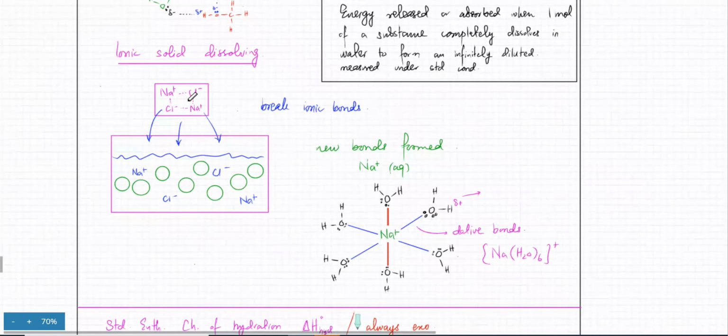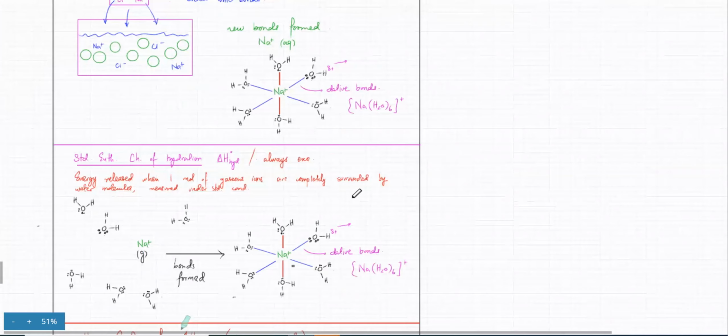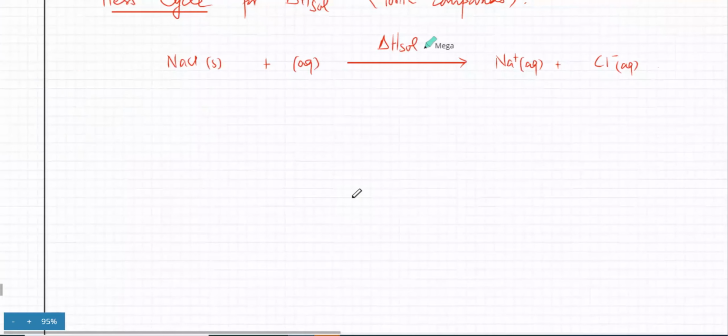Break the lattice, you dissociate it, you break it completely, and once you get these gaseous ions, they should get completely surrounded by water molecules. That would be enthalpy change of hydration. So it involves 2 steps. I'm going to draw the steps over here. The first one is break the lattice.